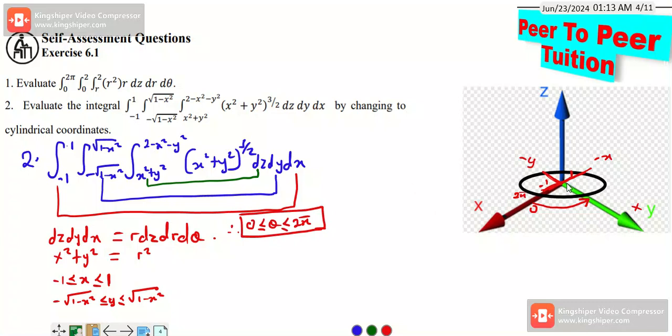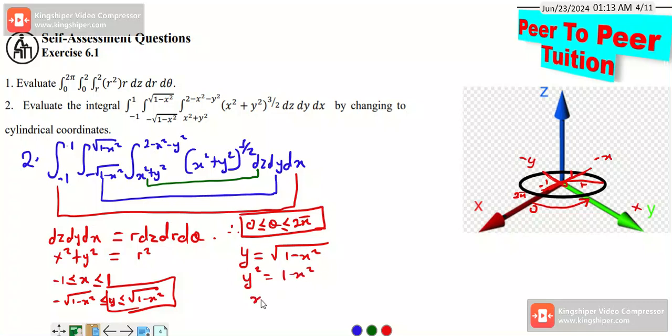Then remember, our radius starts from 0 to somewhere here. So we can look for the radius by first considering this part. We can see that y is equal to the root of 1 minus x squared. When we square both sides, we get y squared is equal to 1 minus x squared.